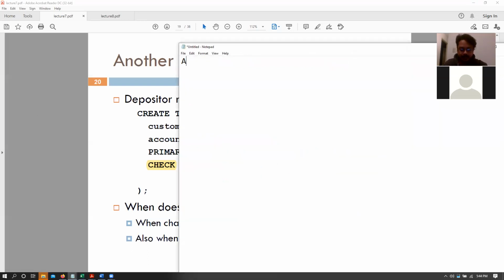Let's say that the current account number is 8256, some number, right? And that is all legit and that exists in the account table. And we want to change this particular account number to something else. So let's say that A121. And this particular account number does not exist in the account table. We would give an error, right? Because the corresponding account number does not exist in the account table.